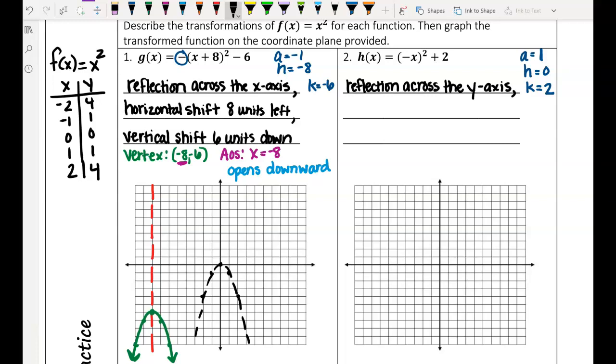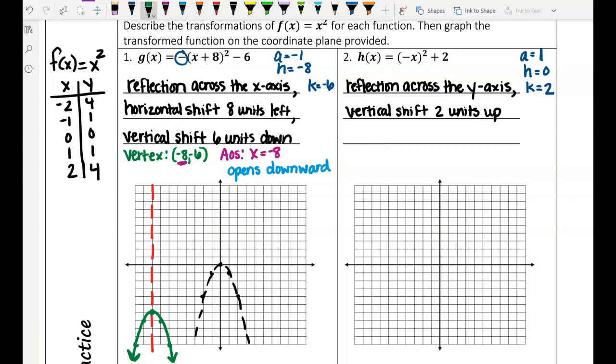We said h is 0, so we don't have a horizontal shift. How would I describe my vertical shift? Two units up. Vertical shift, 2 units up. It's a plus 2, so 2 units up.